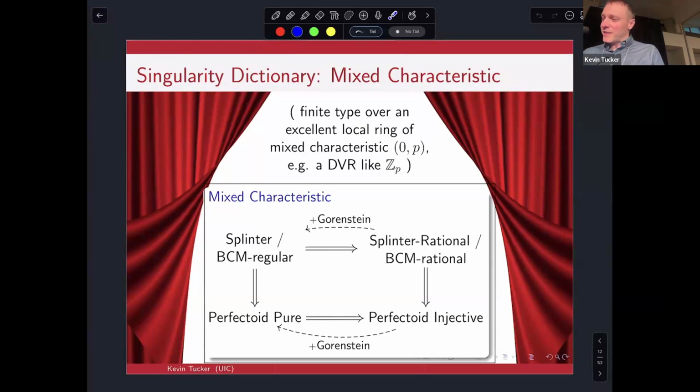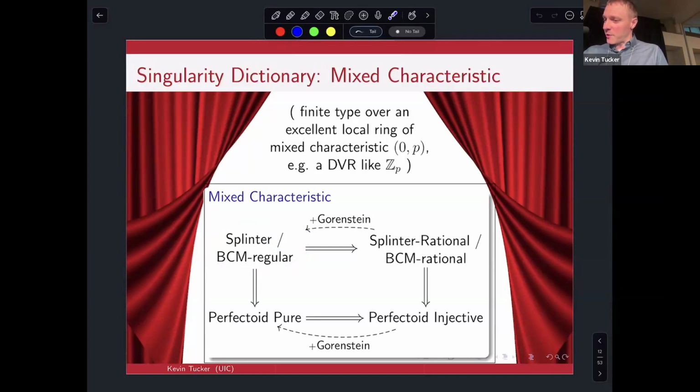As an introduction to mixed characteristic singularities in this talk, I'm again largely going to focus on the strongest possible case, so everything you see in this top left corner. You see a slash there already. Note that there's some ambiguity in what you put down there, so this is still somewhat under development. What you put there depends on what you want.